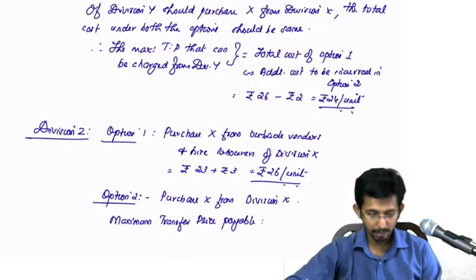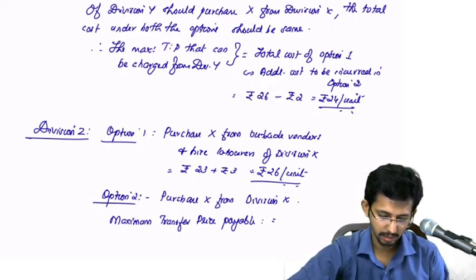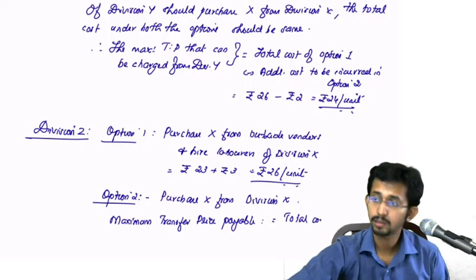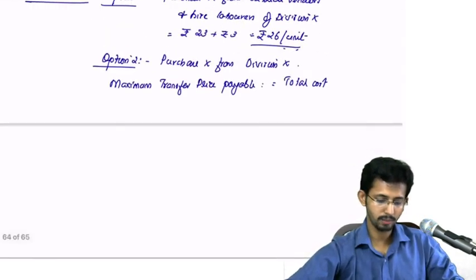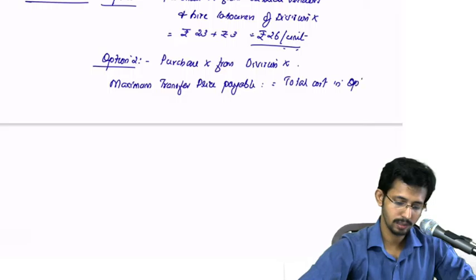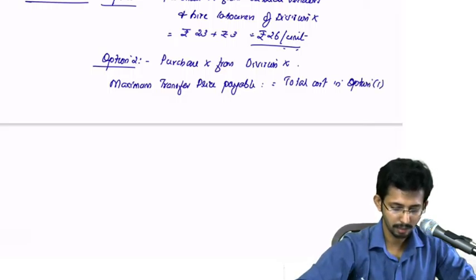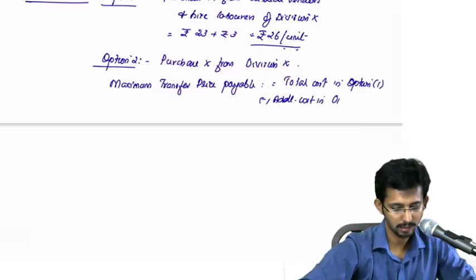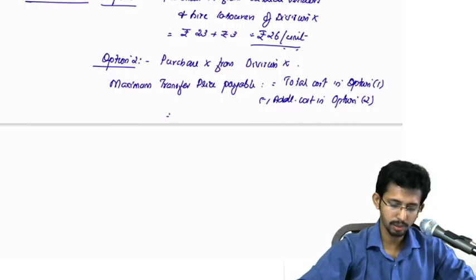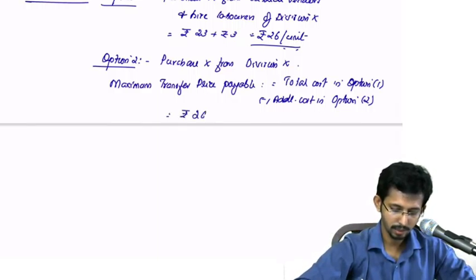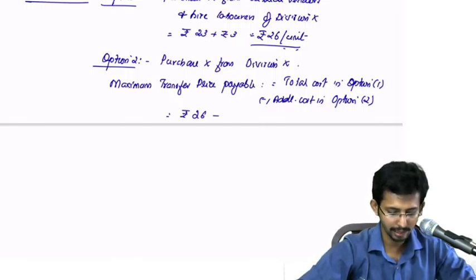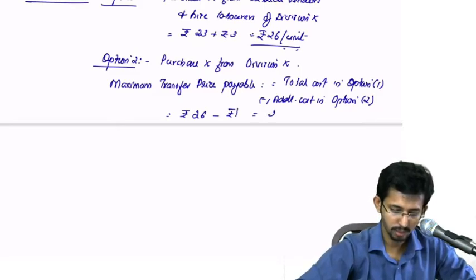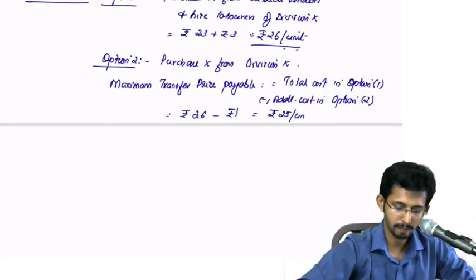It will be the total cost in option 1 minus the additional cost in option 2. The total cost in option 1 is 26. 26 minus the additional cost that will be incurred if material X is purchased from division X, which is rupees 1. So rupees 25 per unit.